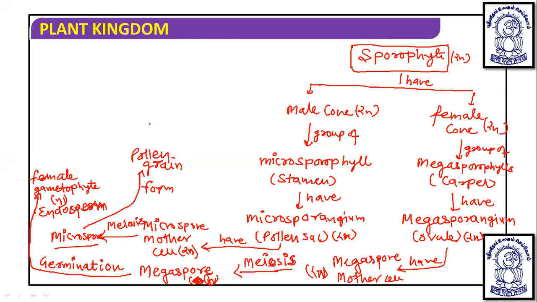This pollen grain, the male gametophyte, has the male gamete. Whereas the female gametophyte, that is the endosperm, has archegonia.